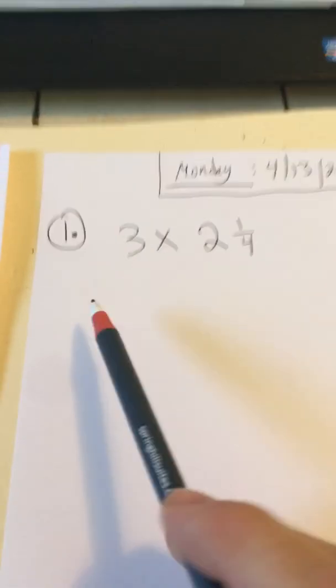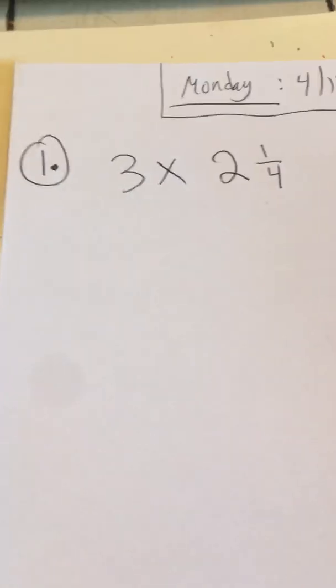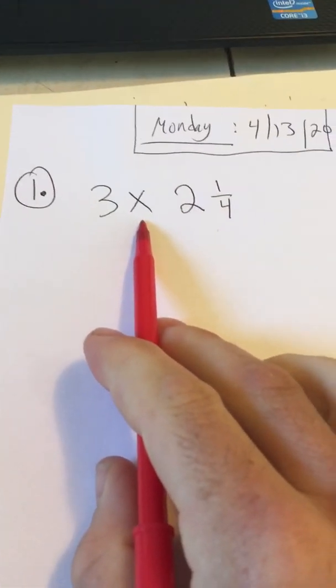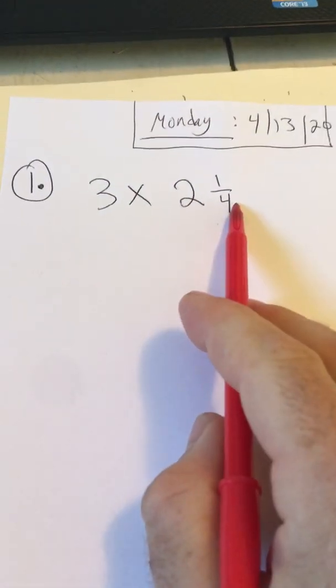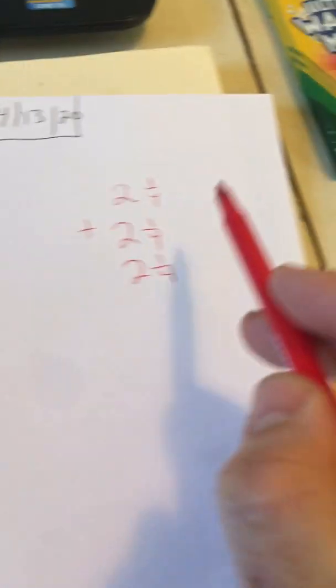So we're doing 3 times 2 1/4. So we could do that as 2 1/4 plus 2 1/4 plus 2 1/4. Multiplication is repeated addition. So if we're doing 3 times 2 1/4, we could add 2 1/4 3 times. So that's one strategy we could use to solve this problem.